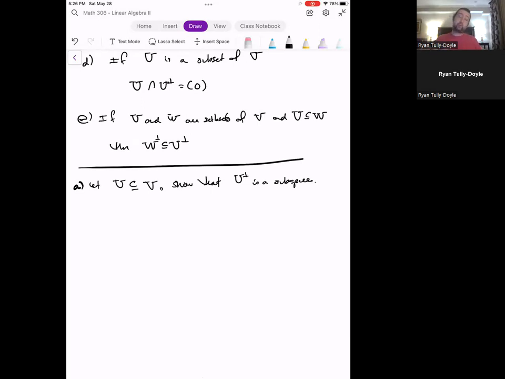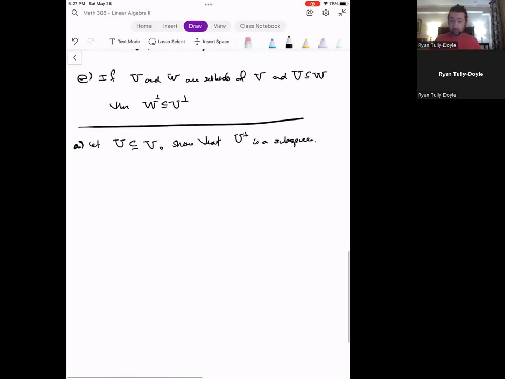We'll show zero is in there, it's closed under addition, and it's closed under scalar multiplication. So pretty obviously 0 is in there, because the inner product of 0 with u is equal to 0 for all u in U, because the 0 vector is perpendicular to everything, which means that 0 is in the perp of U.